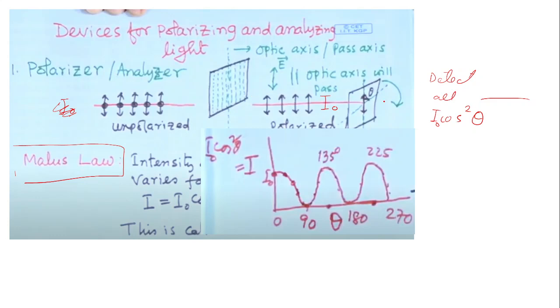And if they are perpendicular to each other, then cos 90 means 0. I will not see any light outside, and the intensity varies as I naught cos square theta, and this law is called Malus law. So intensity varies, I is equal to I naught cos square theta.